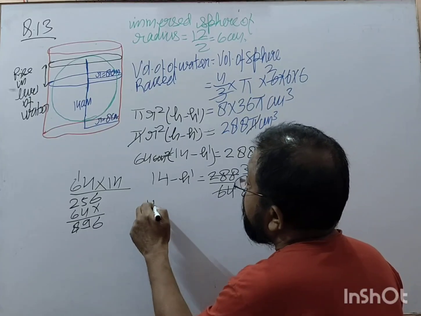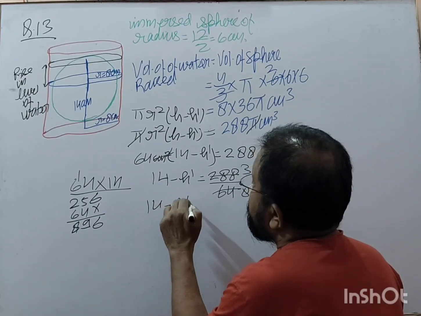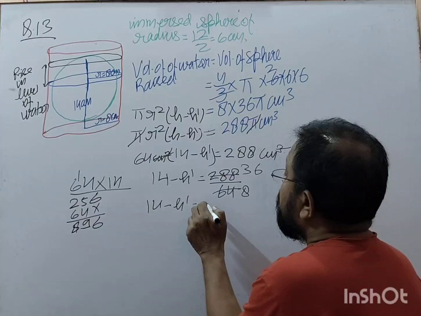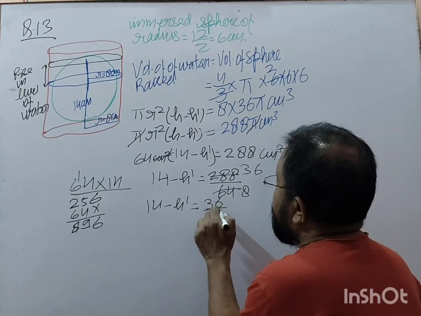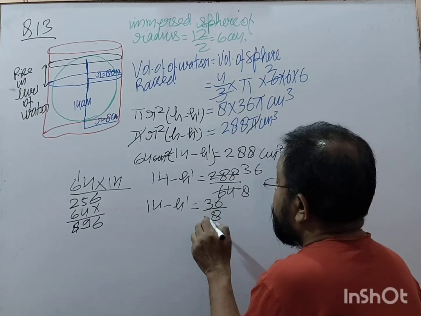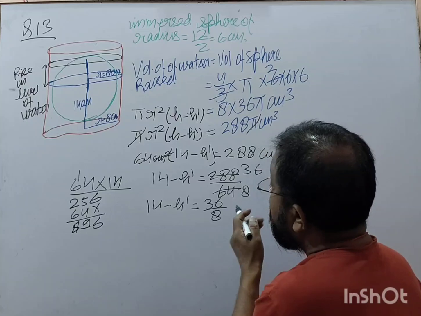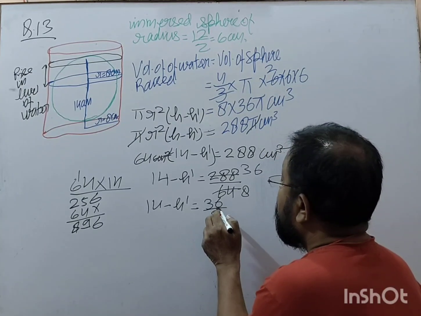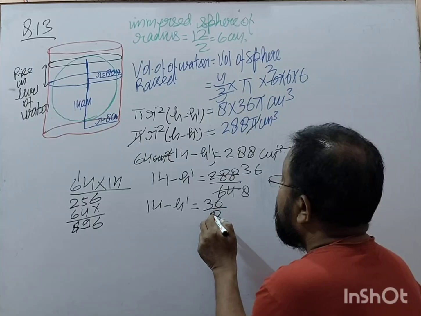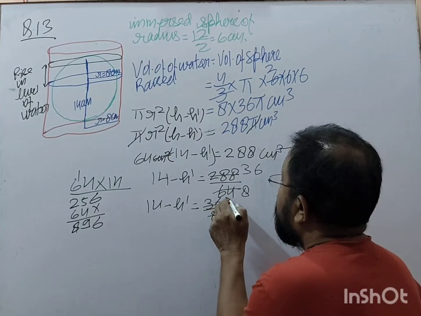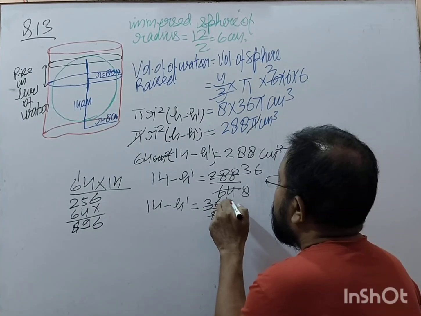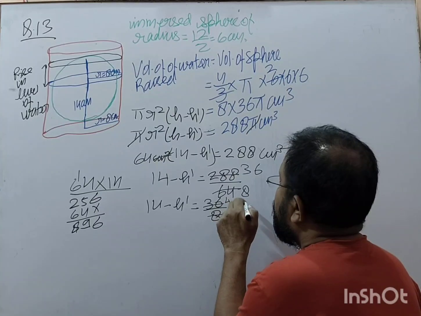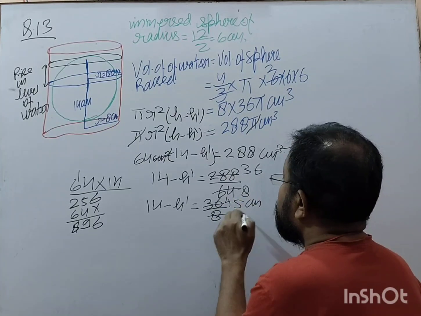This is 14 minus h dash is equal to 36 by 8, so it is 4.5 centimeter.